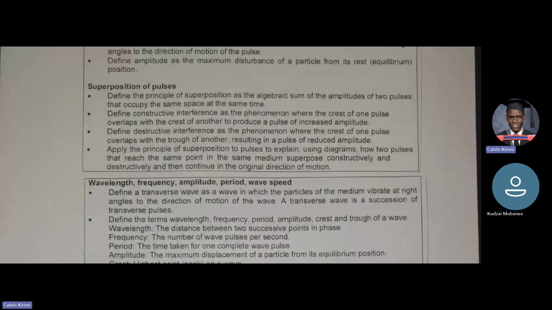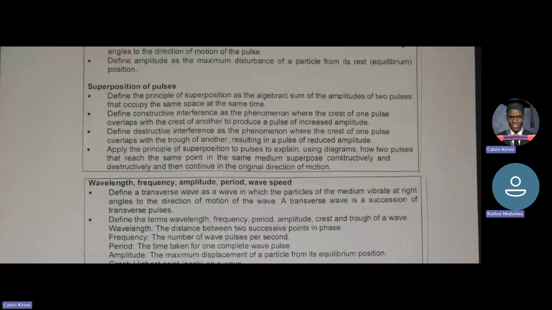So in that question paper, the pulse was underneath, isn't it? Then the other one was on top. So those ones are not constructive, they are destructive because they are not in the same phase. They won't add up. So those are the key points that you should be noting. For constructive, all the pulses are above, but they have different amplitudes.